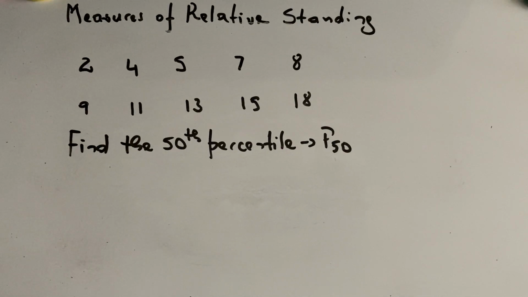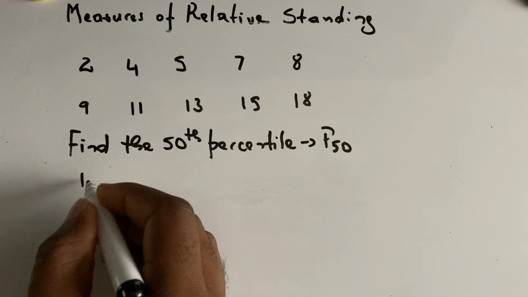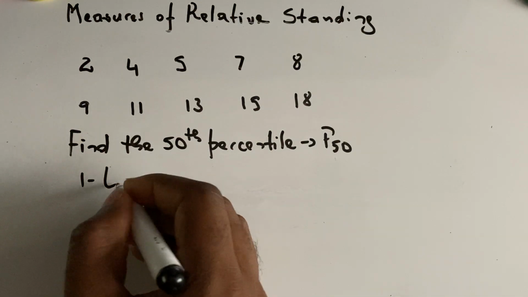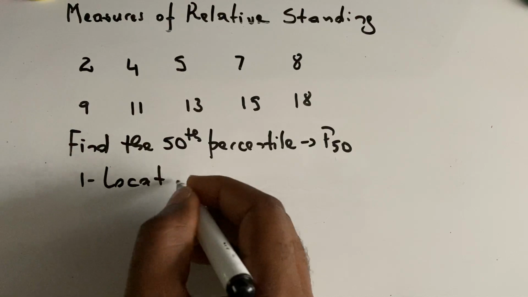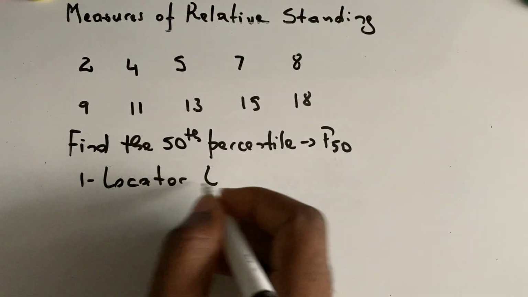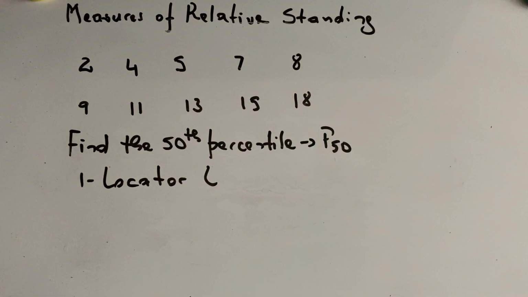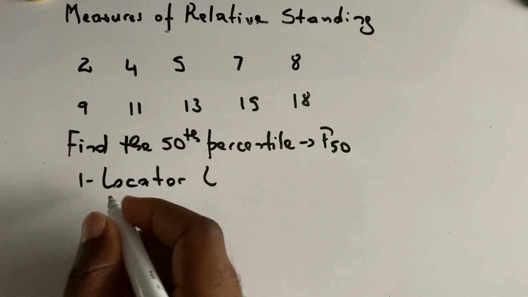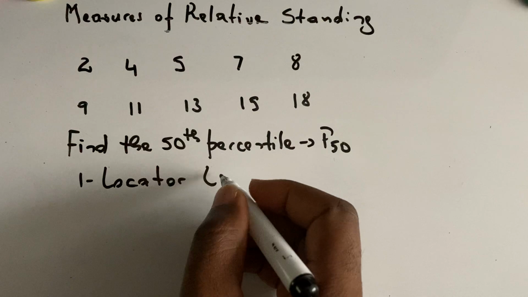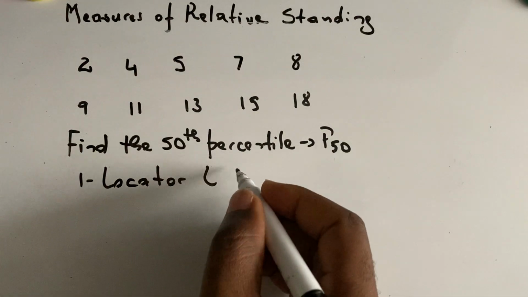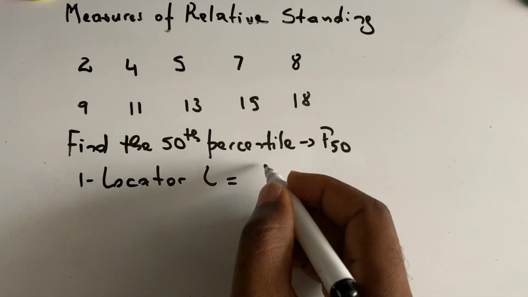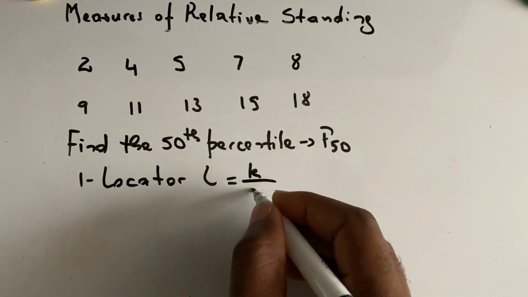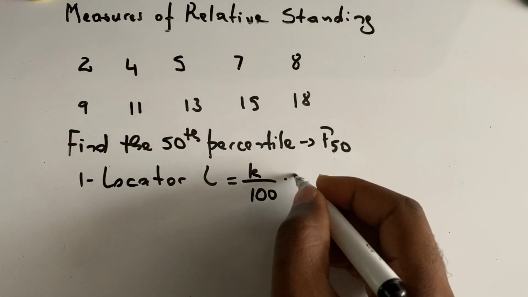The first thing you have to do is get something called the locator, and most of the time we call it L, locator L. The formula to get it is k divided by 100 times n.